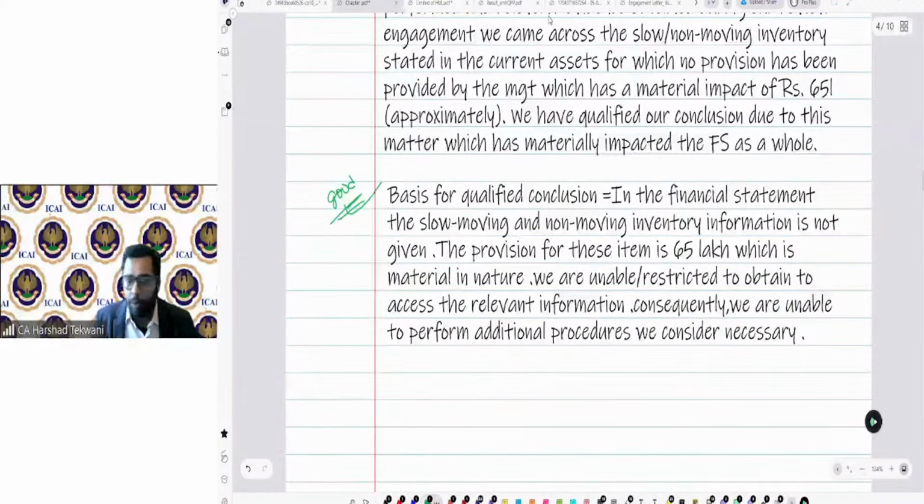Would anyone like to provide his basis for conclusion paragraph?